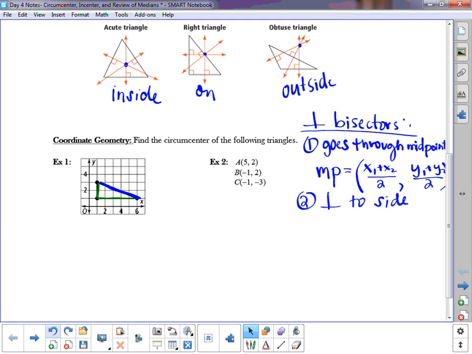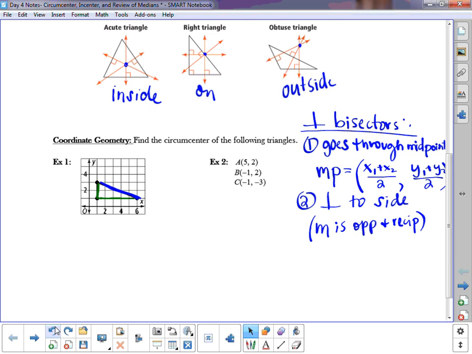Their slopes are opposite. Very good. Their slopes are opposite and reciprocal. So we want to keep these in mind as we're trying to find our perpendicular bisector. Again, sometimes it's easy to do from our picture, but sometimes we might have to do a little more.